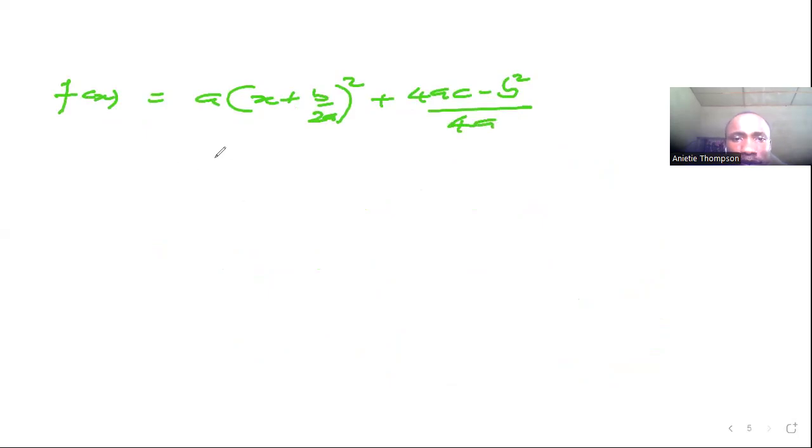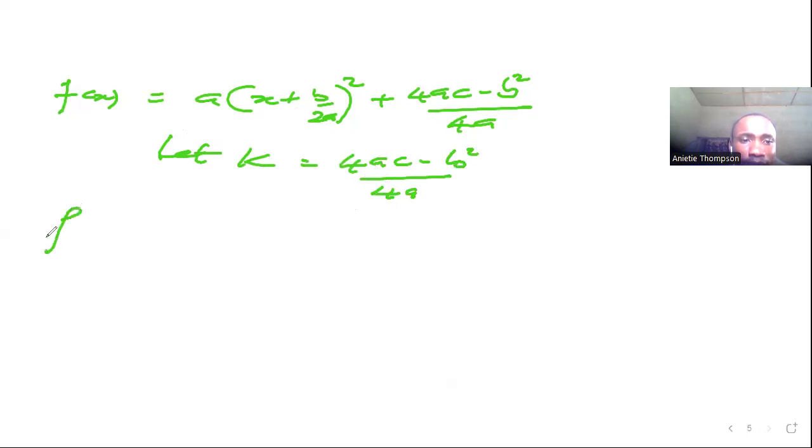Now, if you look at it critically, you see it resembles what I wrote earlier. So if I say minus h equals this, and k equals the entire term, because everything here is a constant. So let me start with that one. I will say let k equal 4ac minus b squared divided by 4a.